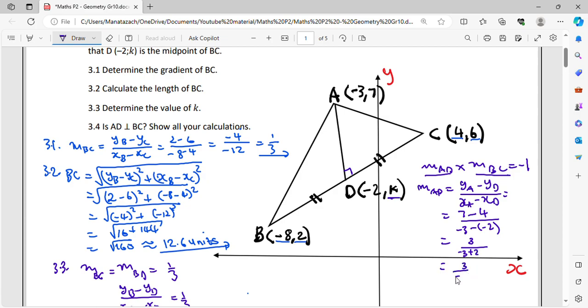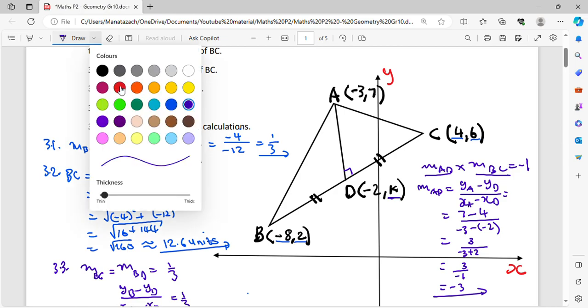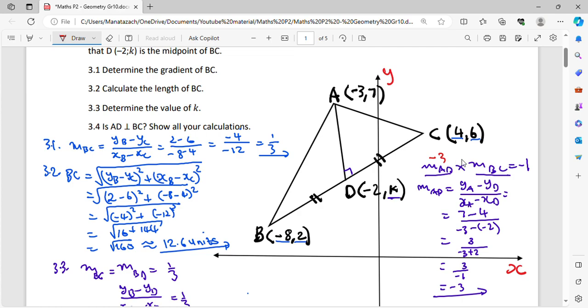The answer is 3 over -1, which is just -3. So let's now make a conclusion. Let's choose a different color. This gradient here worked out as -3. This one is 1 over 3. So the condition is met: when you multiply -3 times 1 over 3, you get -1. Therefore, you can conclude that AD is perpendicular to BC.